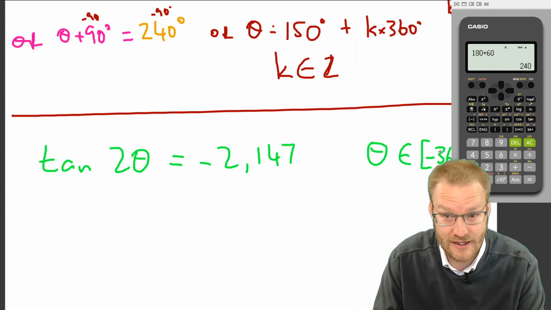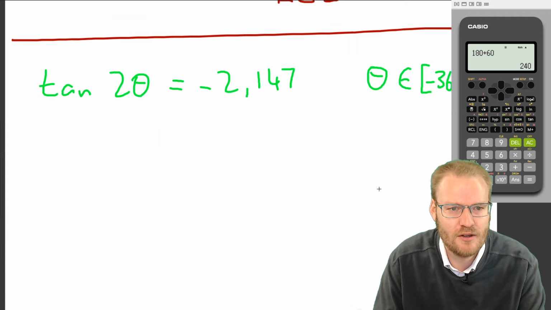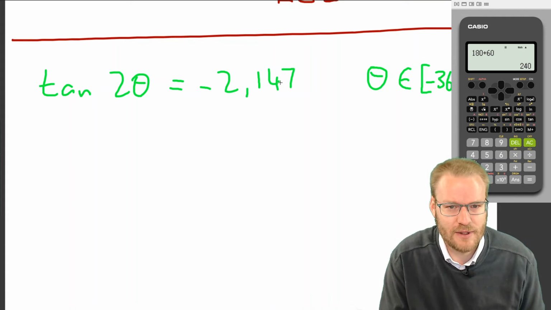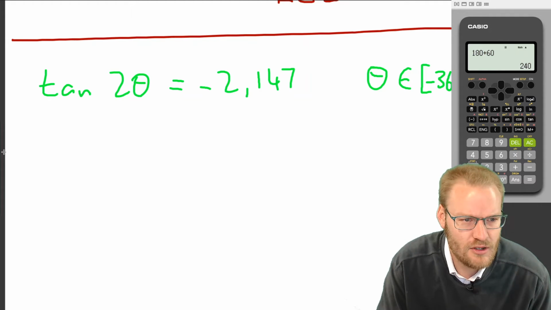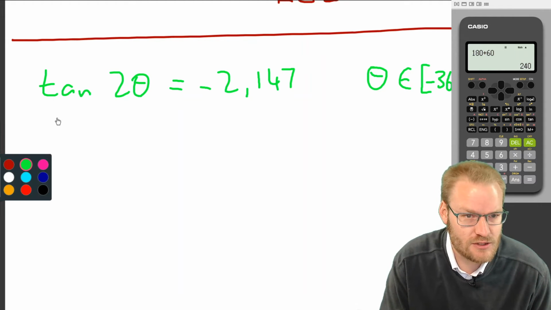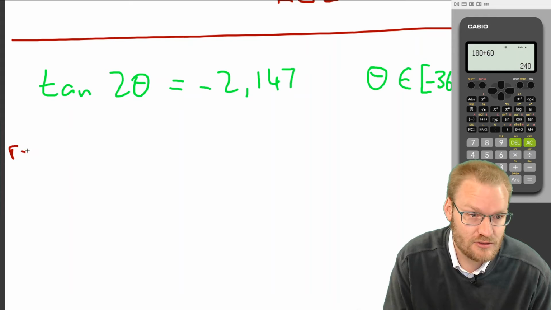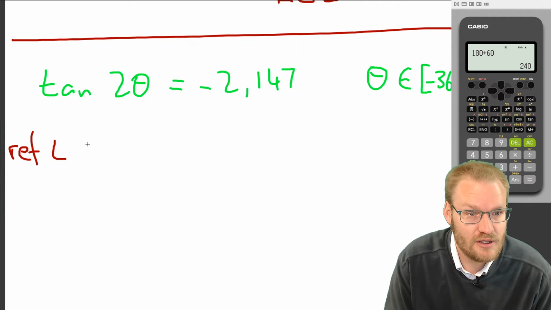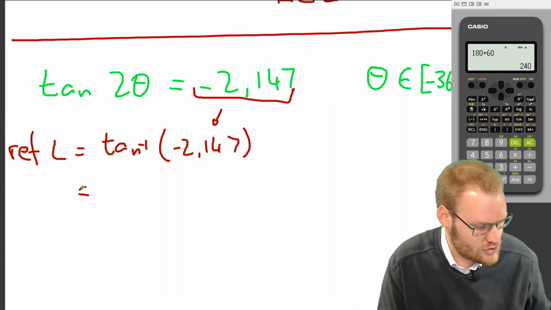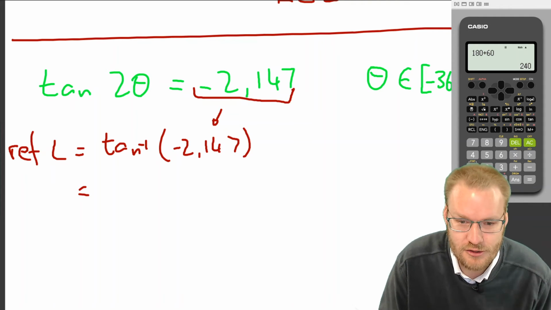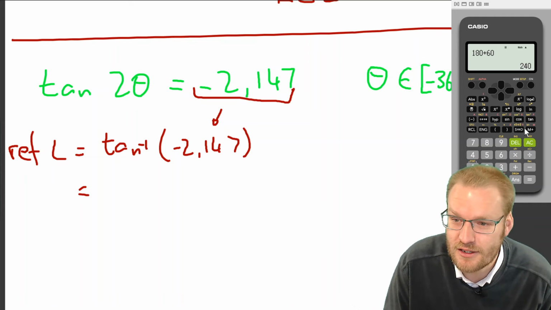Okay, so we've added in a new element here. So tan 2 theta equals minus 2.147. First steps first, let's work out our reference angle. So let's shift tan of this number here, minus 2.147, which calculator, I should be doing this on Brendan's calculator.